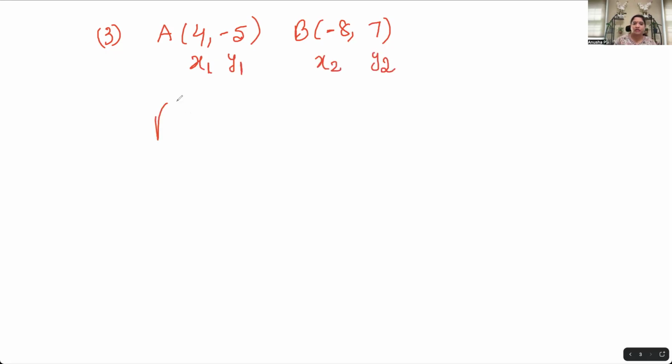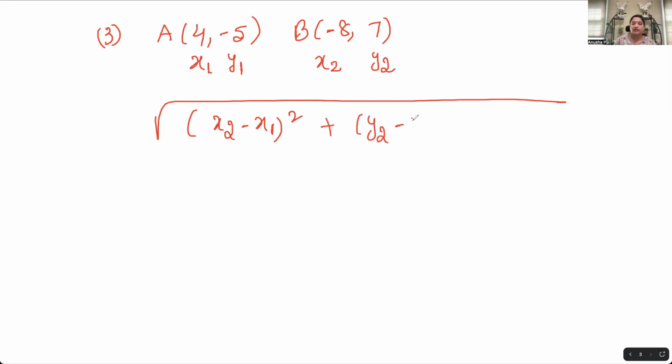The third example, A is (4, negative 5) and B is (minus 8, 7). Label the first point as x1, y1, second point as x2, y2. The distance between the 2 points is given by the formula (x2 minus x1) whole square plus (y2 minus y1) whole square.